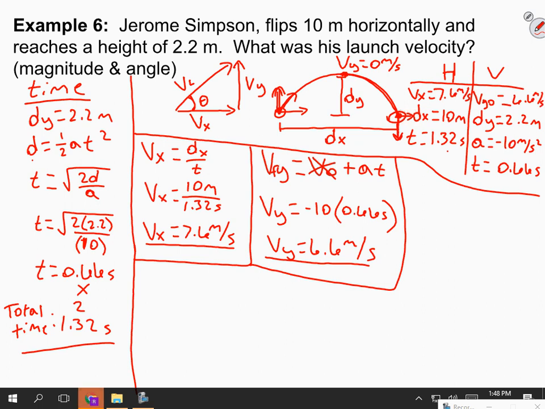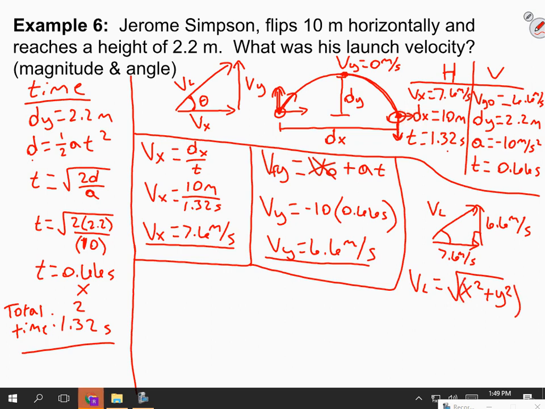Now we go over here and we're going to find the launch velocity. So if you remember, now it's just an exercise in trig. So this is VL. We now know that Vx is 7.6 and Vy is 6.6. So to find VL, and we'll find that angle later, it's a 90-degree triangle, so this is the resultant, which we could say VL is equal to the square root of x squared plus y squared, Vx and Vy, respectively.